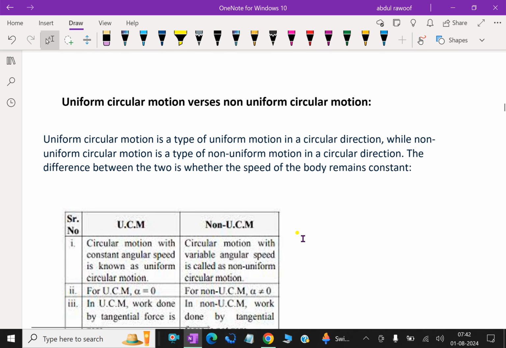Next, uniform circular motion versus non-uniform circular motion. Uniform circular motion is a type of uniform motion in a circular direction, while non-uniform circular motion is a type of non-uniform motion in a circular direction. The difference between the two is whether the speed of a body remains constant.